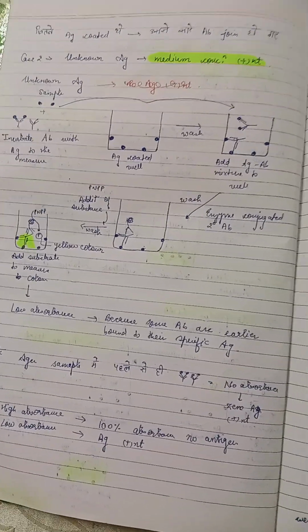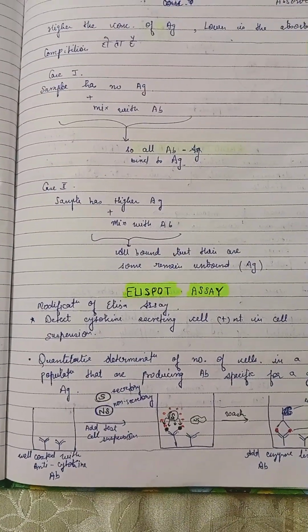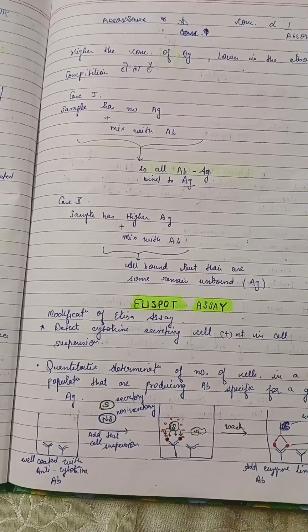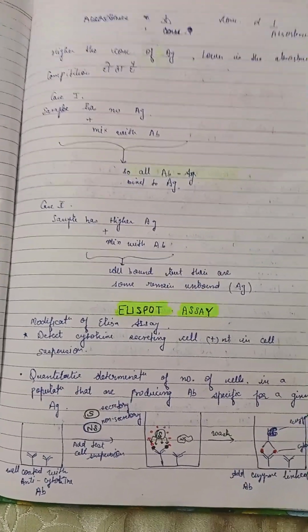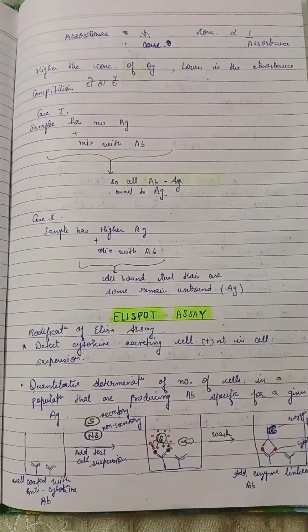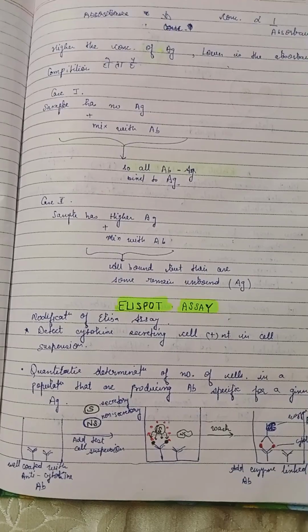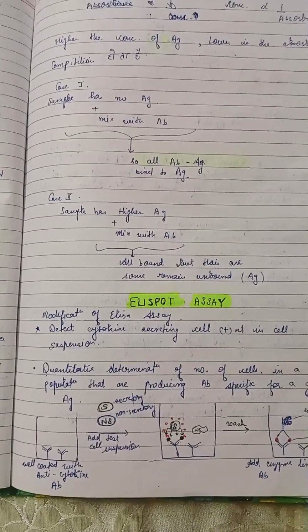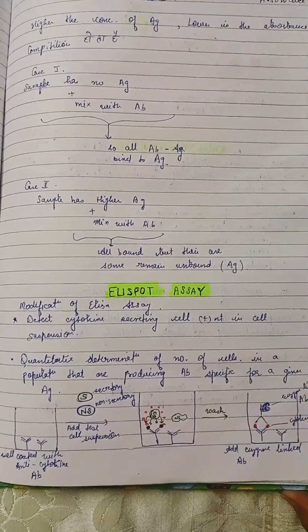Now I am going to tell you about the ELISA spot assay. It is a modification of the ELISA assay, by which you can detect whether cytokine-secreting cells are present in a suspension or not. So it is for the measurement of a particular type of cytokine-secreting cell. You add both non-secretory and secretory cells into the well, which is coated with anti-cytokine antibody.